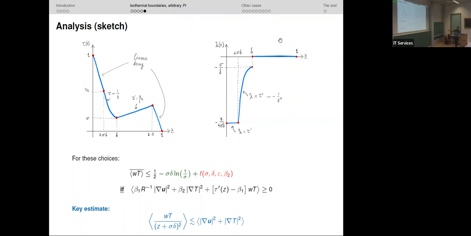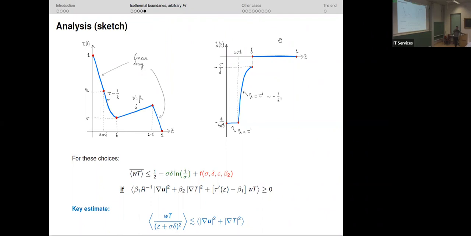Of course, we need to choose these parameters to satisfy this positivity of the quadratic form constraint. And the key ingredient here is to use an estimate of Hardy-Rellich type, which is a weighted estimate that gives us control on a term which is WT over z squared effectively, in terms of the gradient of u and the gradient of T squared. So without this estimate, you can't really control those terms that come from this boundary layer here in the constraint.